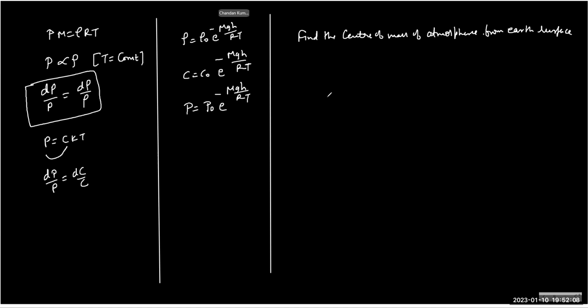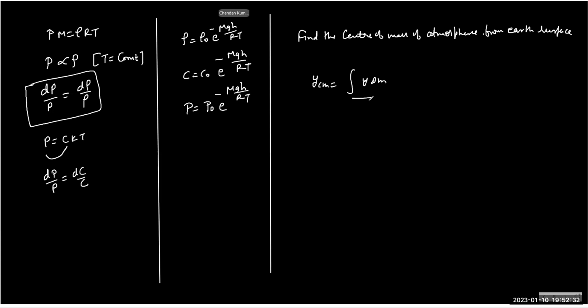So from the sea level till the zenith, draw an infinitely long cylinder. Like, draw a cylinder which is varying from where to where? From ground to infinity. So that cylinder will contain all the gas from bottom to the top, isn't it? In that case, we know that Y CM, we have to find, equals, the formula is what?